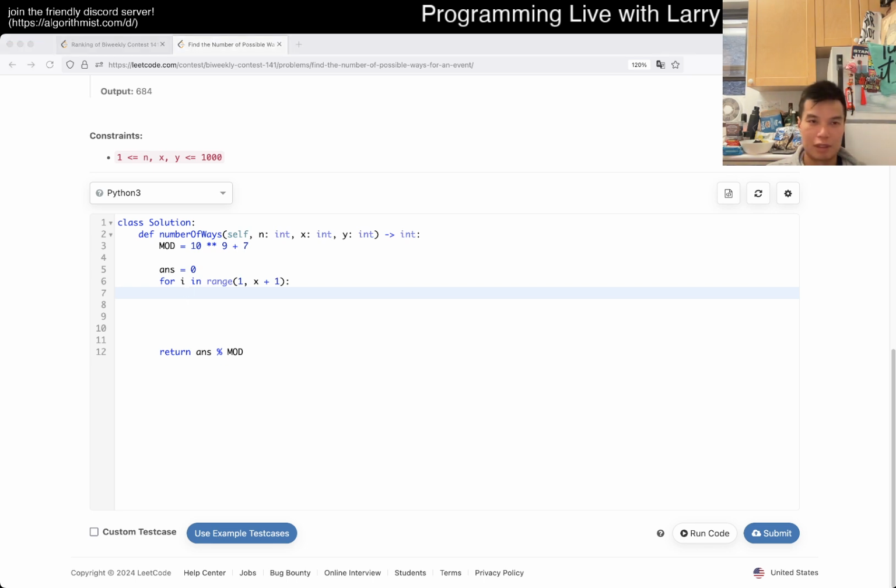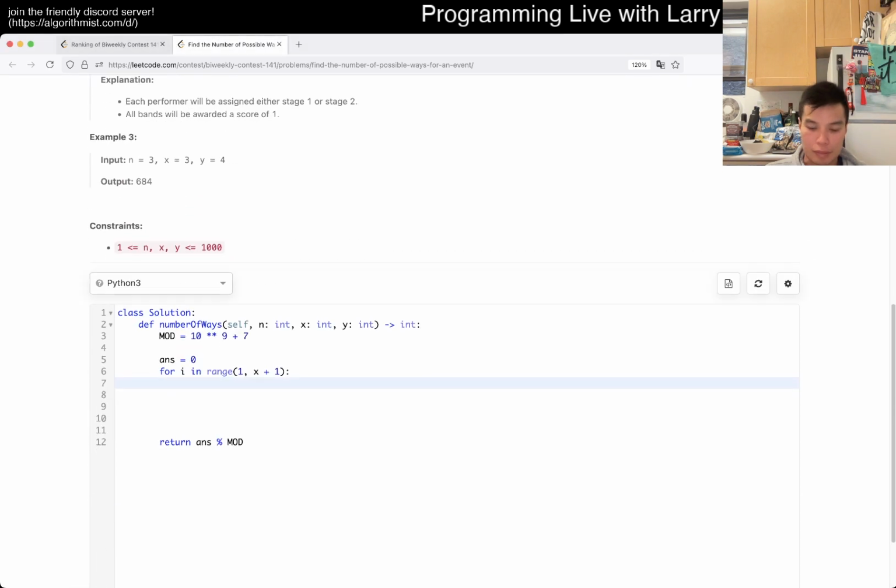How do I do it? Is it X? Is it comp? Let me just say X choose I, number of groups, right? And I don't remember how to, okay, fine.